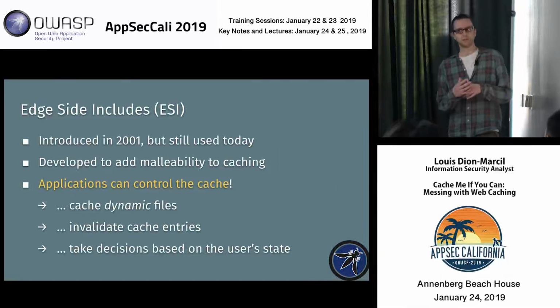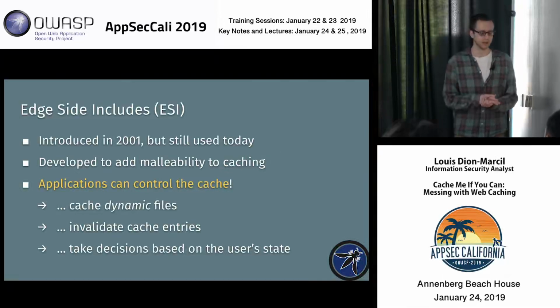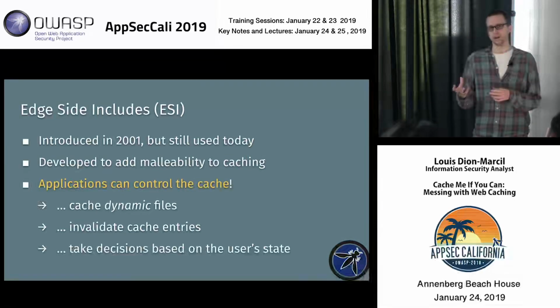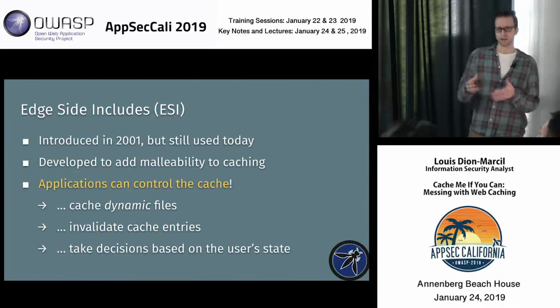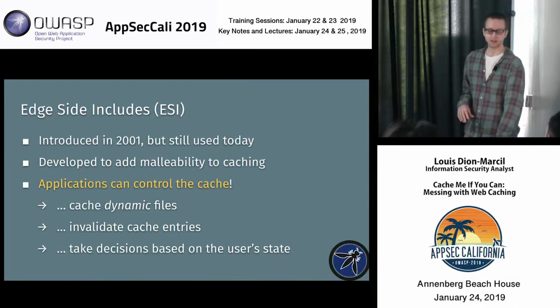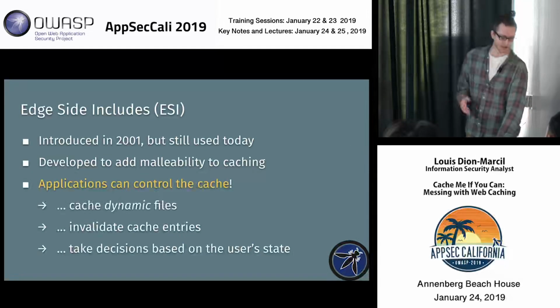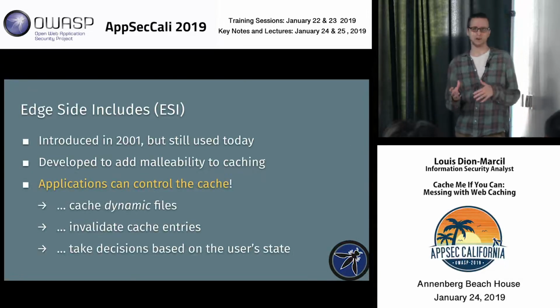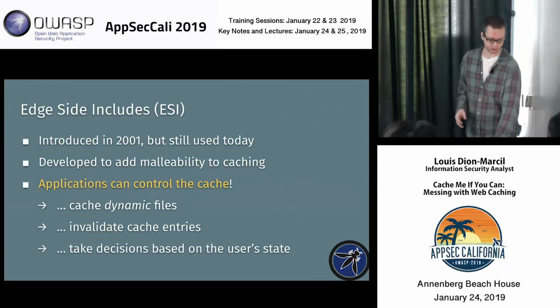So what the specification brings, if you implement it correctly, is it gives the application server the right to modify the content of the cache in real time, sort of. So through ESI, you're kind of able to cache dynamic files, you can invalidate cache entries, you can even take decisions on the user state, say based on their cookie or their user agent.